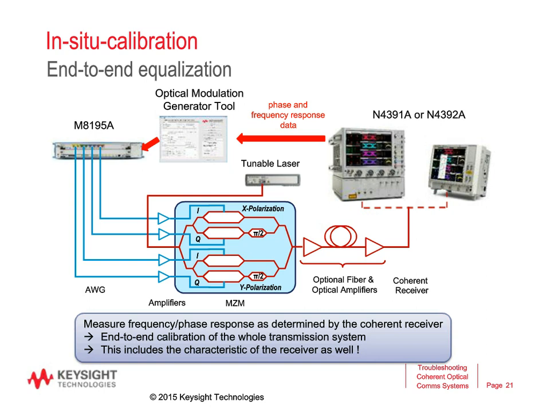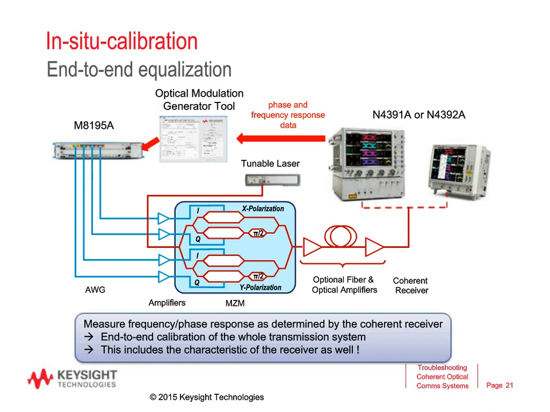And then we run the signal through optional amplifiers and fibers if needed. And in the end, we feed the signal into our optical modulation analyzers, the N4391A or the 92A. And then these analyzers are able to get the phase and frequency response out of the signal.